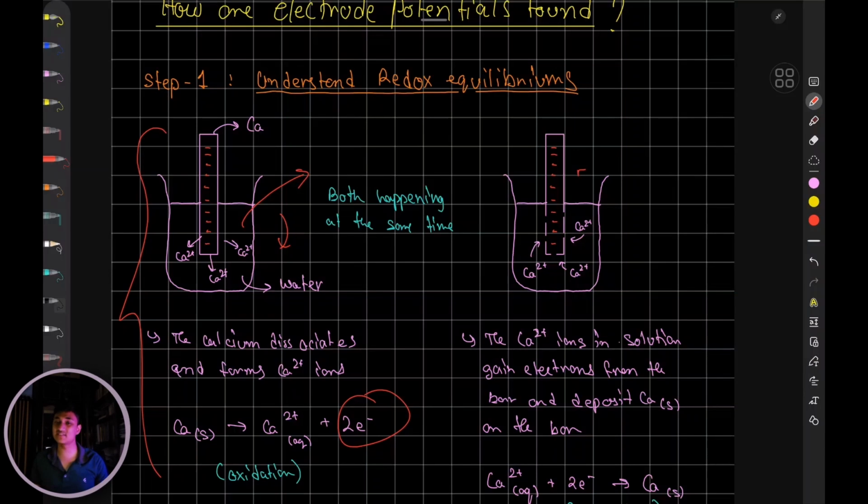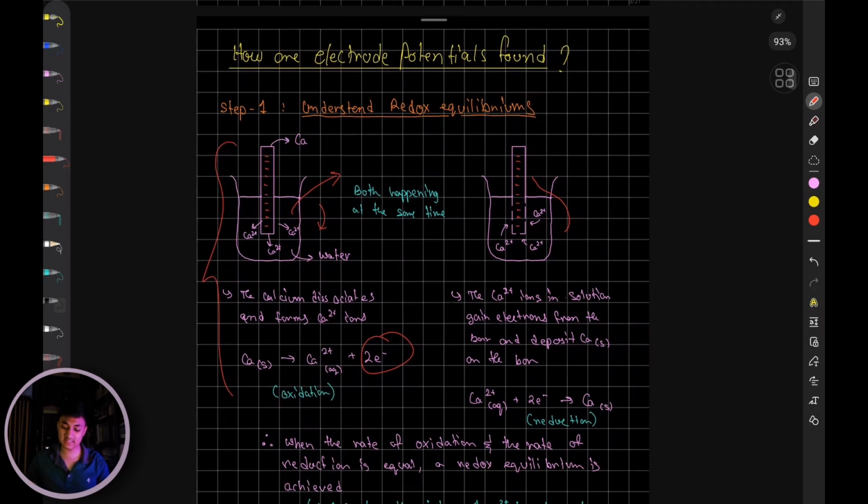It released electrons. In the second case, once a lot of the calcium atoms have been dissolved, a few of those are going to get back to the bar, gain electrons, and form calcium atoms, right? So after a point, what we're going to see is there is an equilibrium established. A better way to call this is a redox equilibrium.